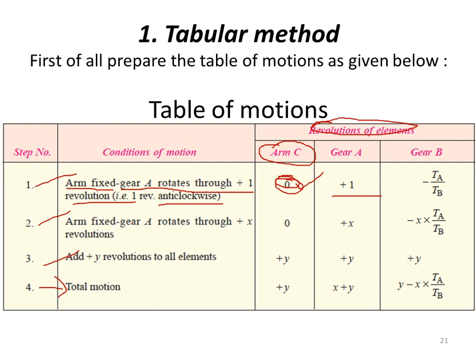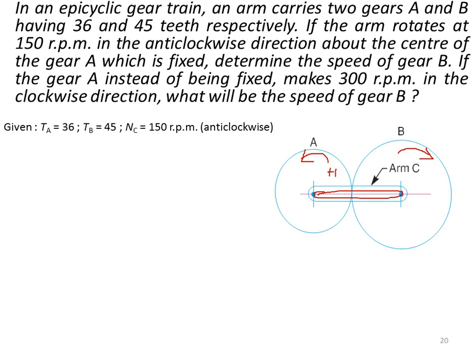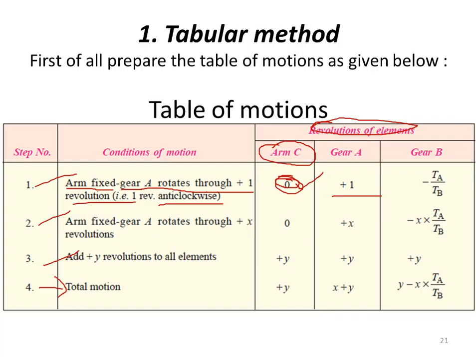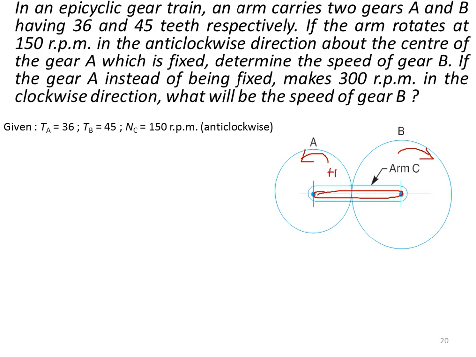So don't worry, just consider one condition. We have taken +1 revolution as anti-clockwise here. So gear B will move in the opposite direction. You can see if +1 revolution is given to A as anti-clockwise, automatically B is going to rotate in clockwise direction.